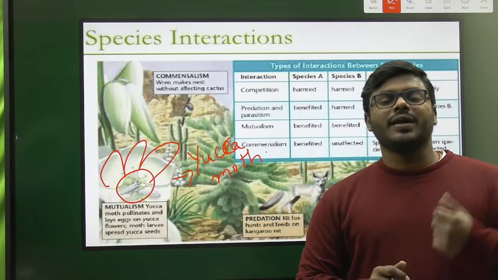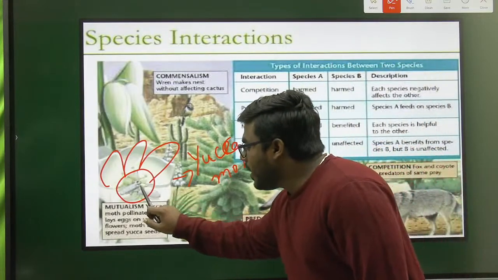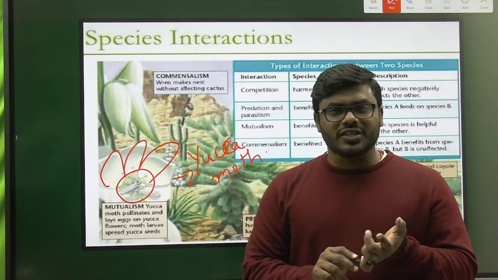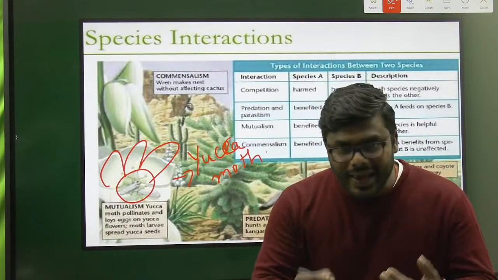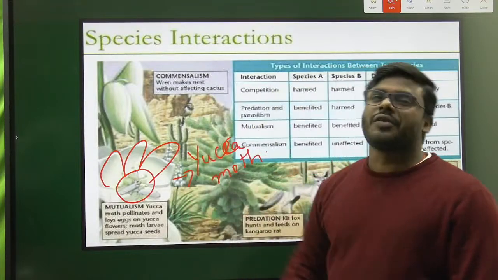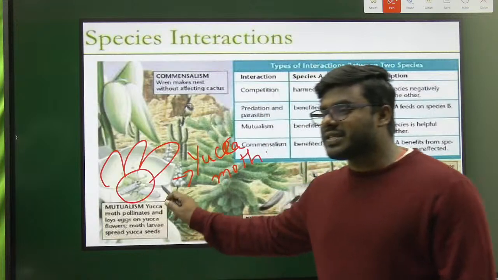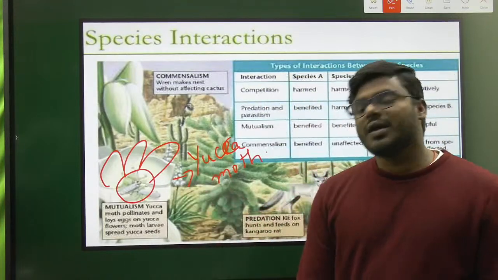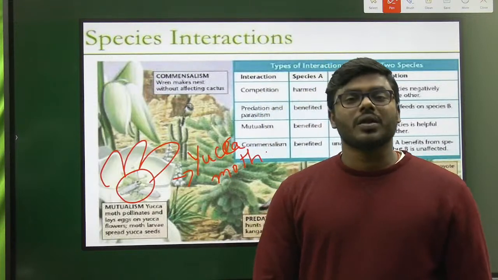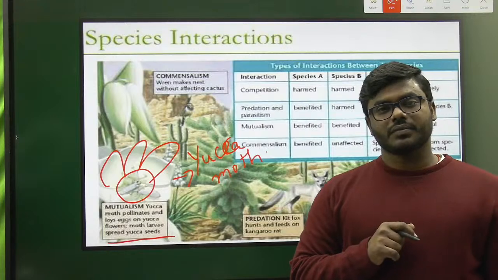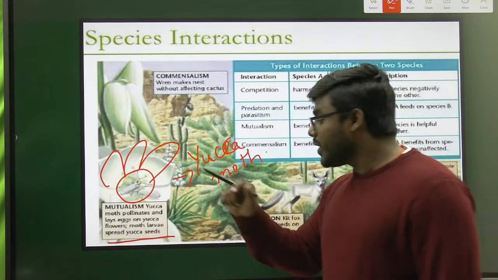So now who is going to get benefited? The moth is going to get benefited, because the moth is doing the process of pollination and also laying the eggs. And most importantly, in return, how is the flower getting benefited? That's the question. In return, what will the moth larva do?